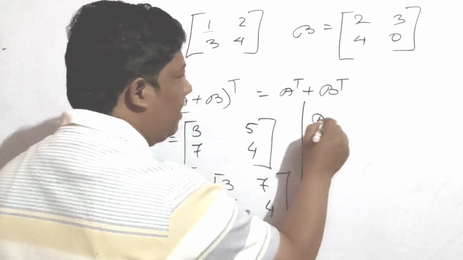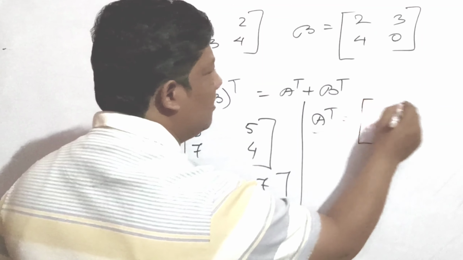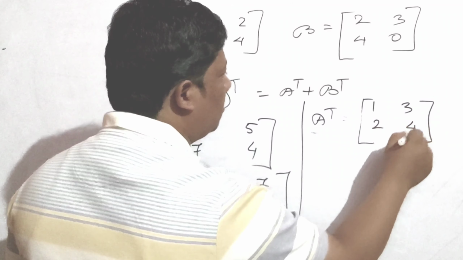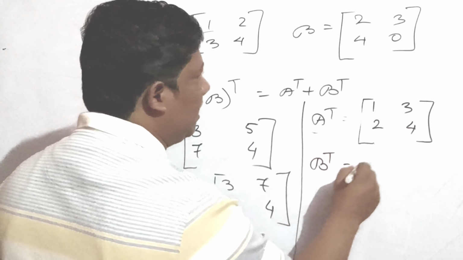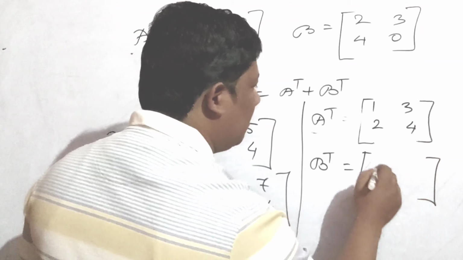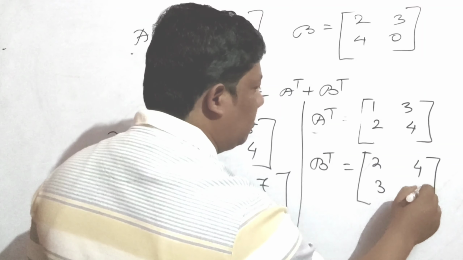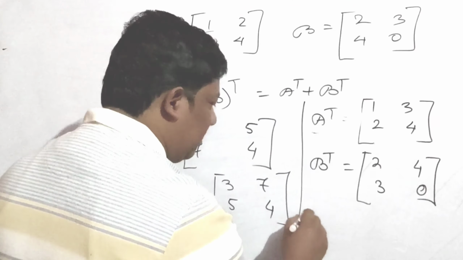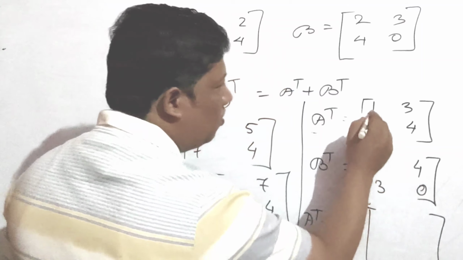Now if I want to find A transpose, then 1, 2, 3, 4, and B transpose I get 2, 3, 4, 0. Now I want to add A transpose plus B transpose. If I add, then what happens?